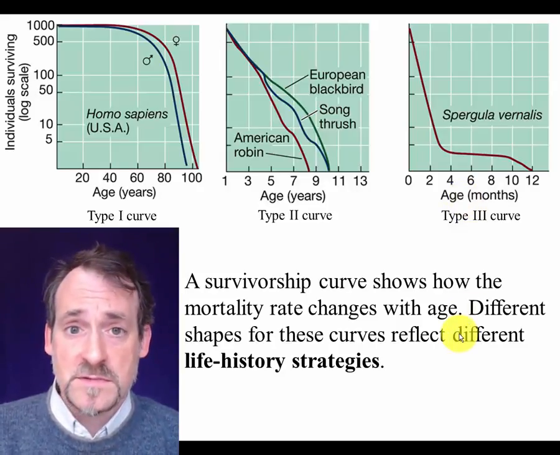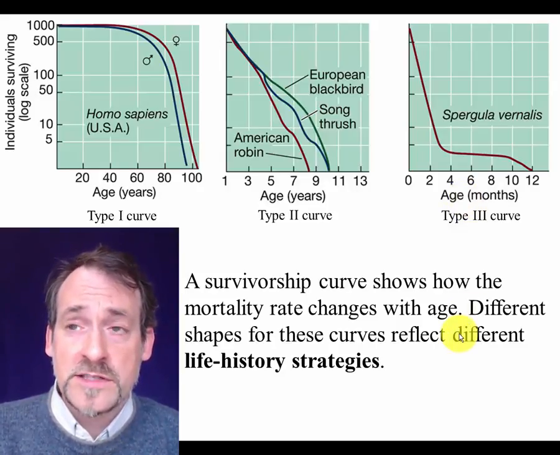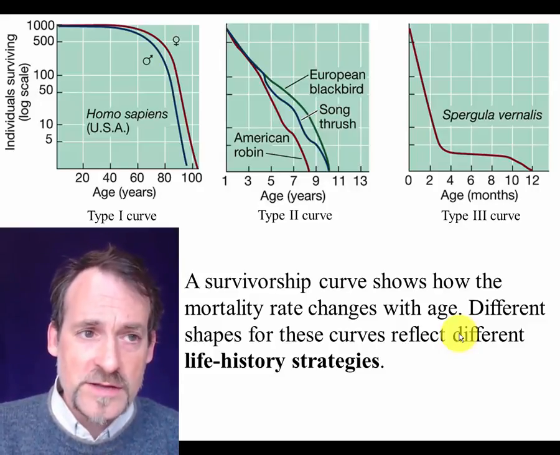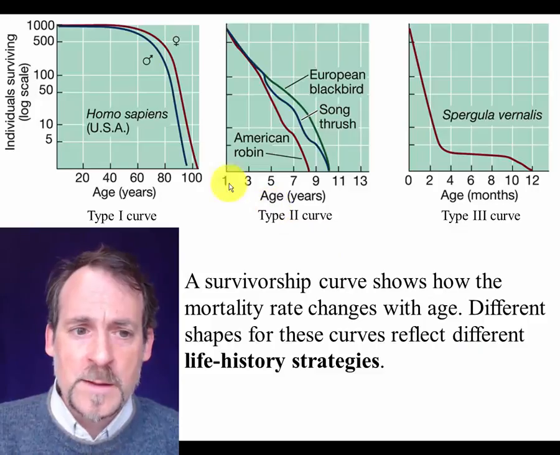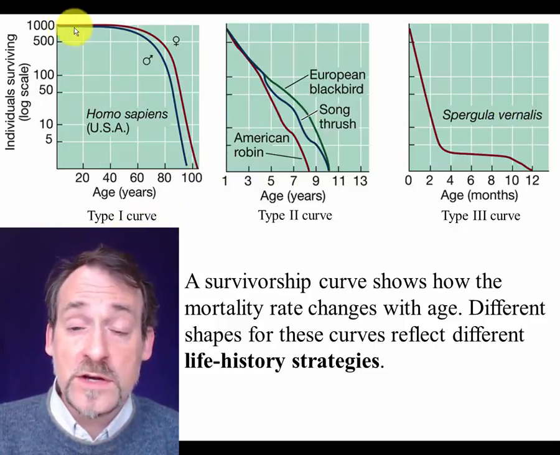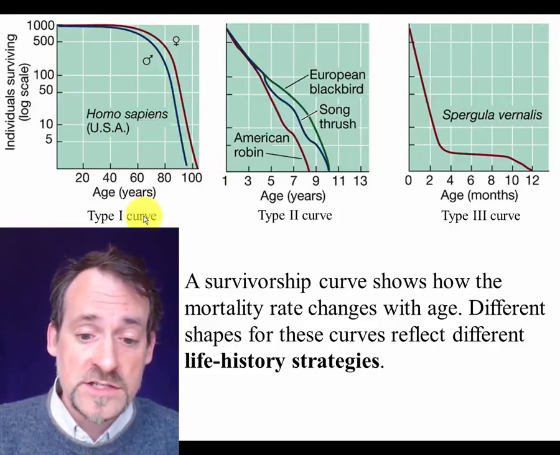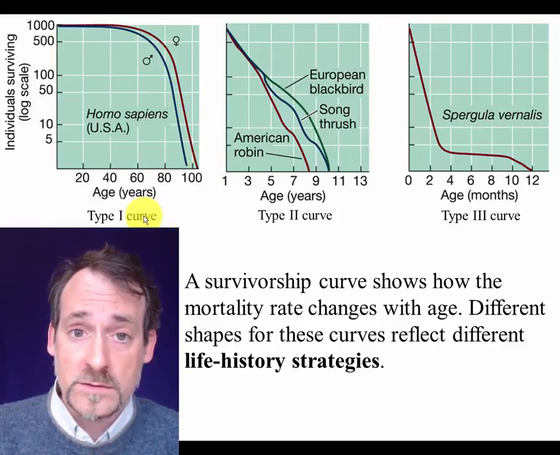Different shapes of curves reflect what are called different life history strategies. And we'll talk about this a little more later. But you can see that they're really very different shapes in these three curves. The one over here, where there's very little mortality until the end of the lifespan, is called the type 1 survivorship curve.